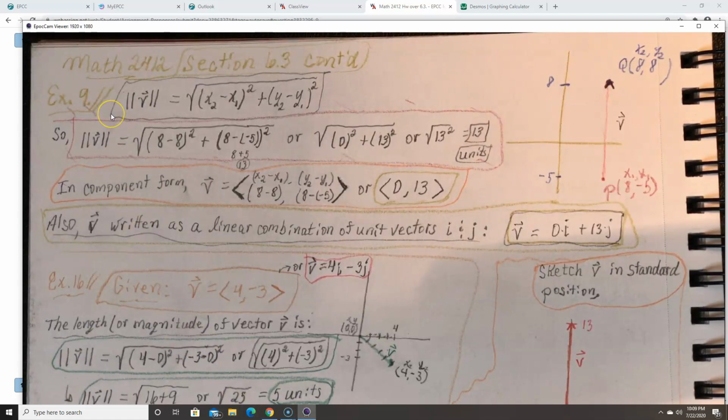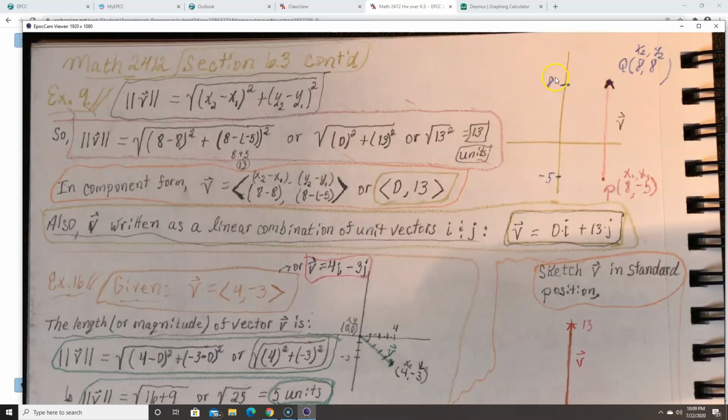So number 9, here is, as I mentioned, I labeled it as initial point P, terminal point Q, which is 8, 8, and initial point 8, -5.